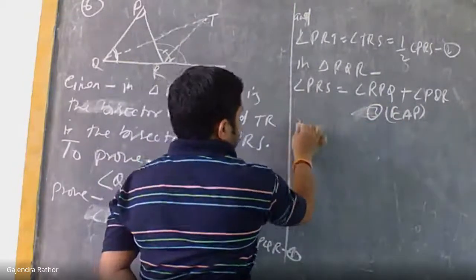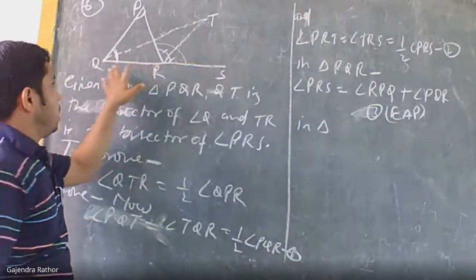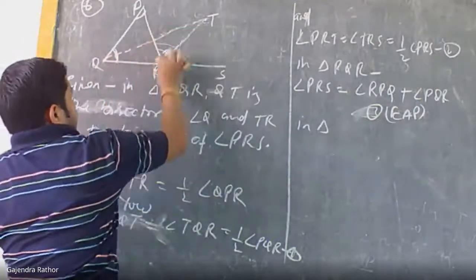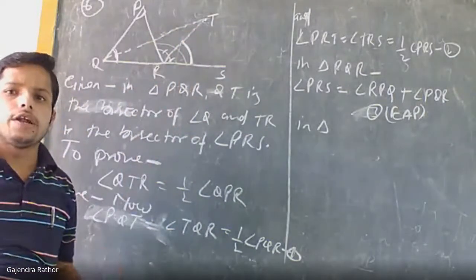And again, now there is the other triangle QTR. For this triangle, this angle is also an exterior angle.